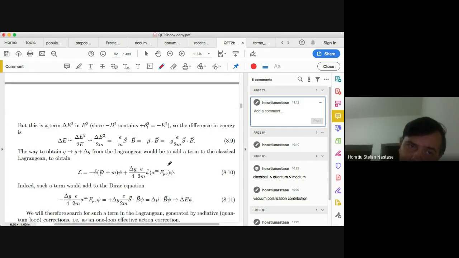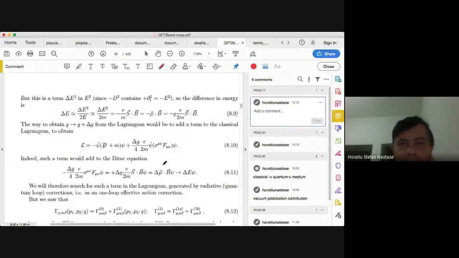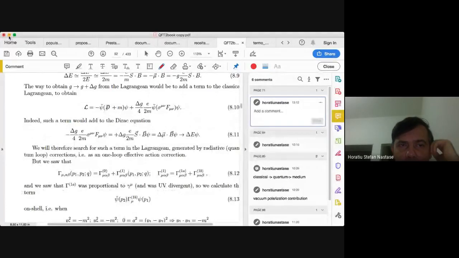So that means that we would add to the energy. Well, to write this more precisely, this correction is equal to delta mu dot B, that is delta E, acting on psi, exactly what I said before.